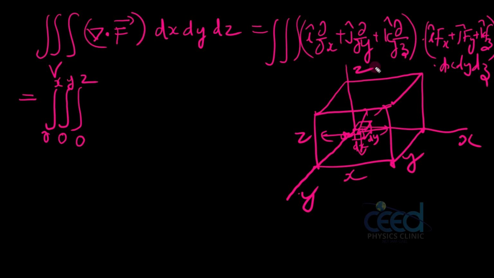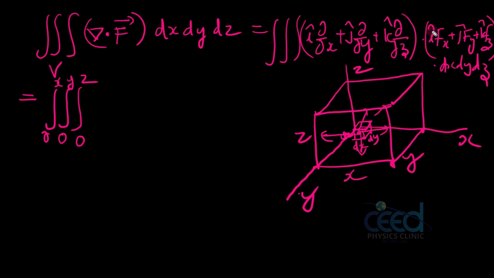Then it can take maximum value 0 to x, 0 to y, 0 to z. So you need not consider it at the center. I am considering it at the corner for the purpose only. So the limit is 0 to x, 0 to y, 0 to z.